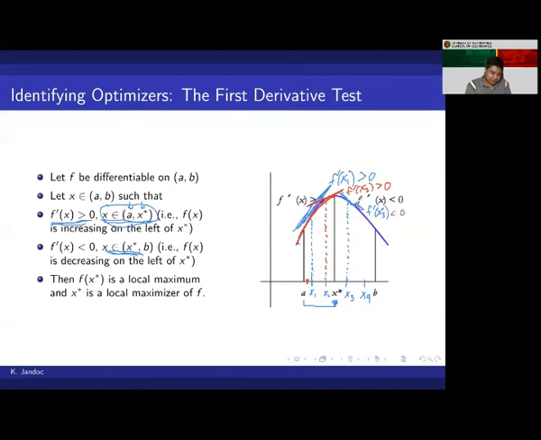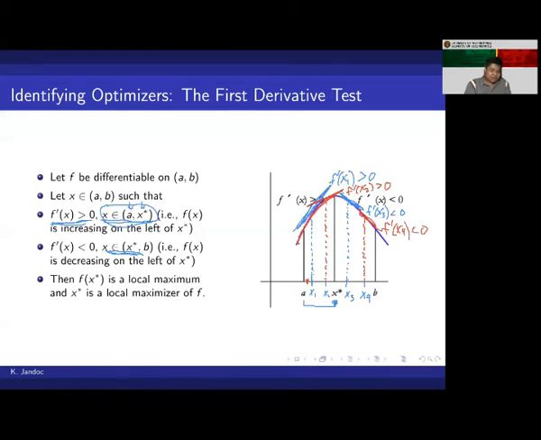Clearly, it's downward sloping over here. And in the same manner, at x4, you can clearly see that the tangent line is also downward sloping. So f prime at x4 is also less than 0.